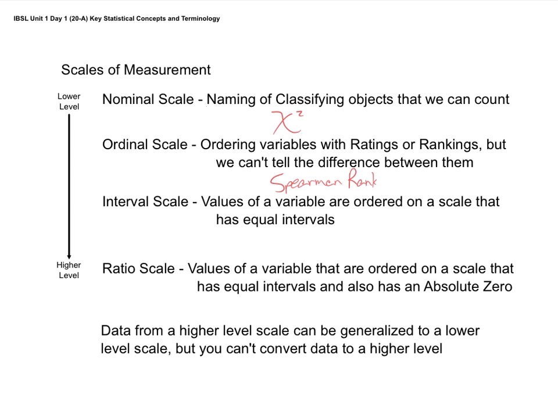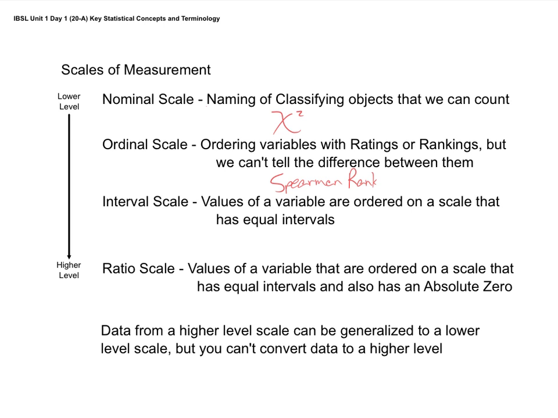So then you have the ones that we're maybe a little bit more used to dealing with, interval scale and ratio scale. These are both numerical scores, and the reason why it's called interval is because there's an equal interval between values.